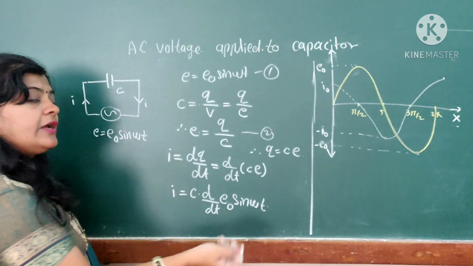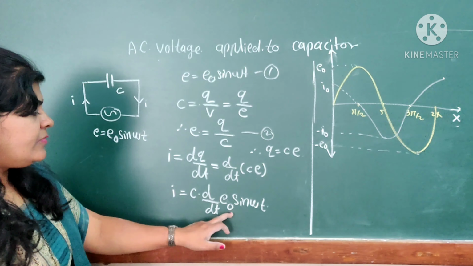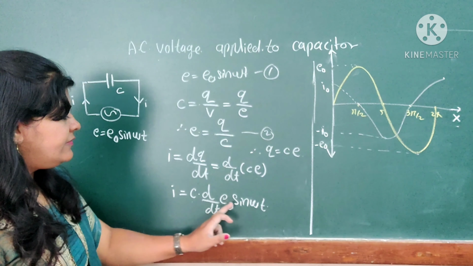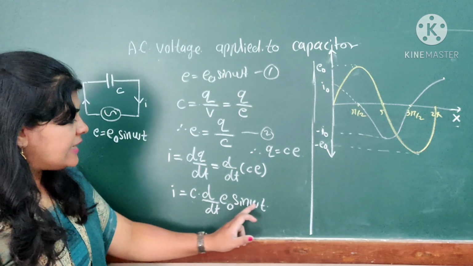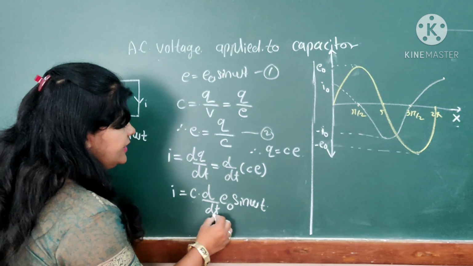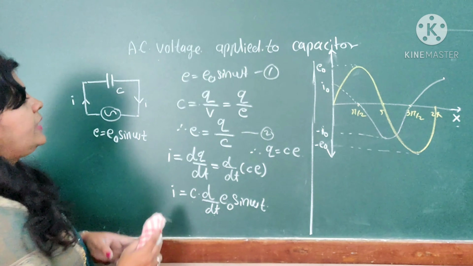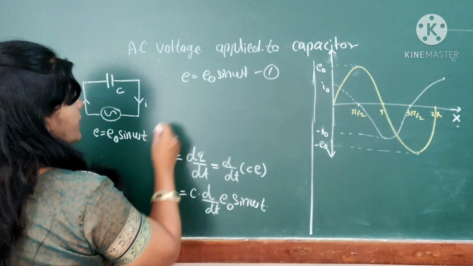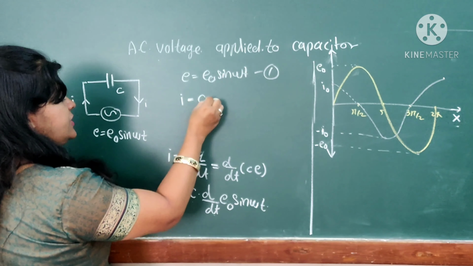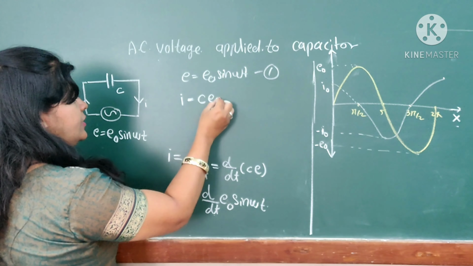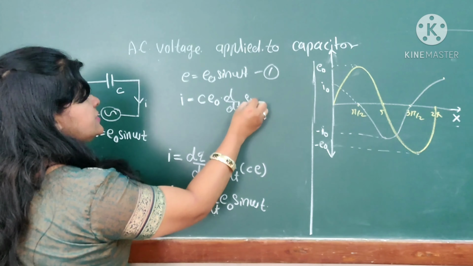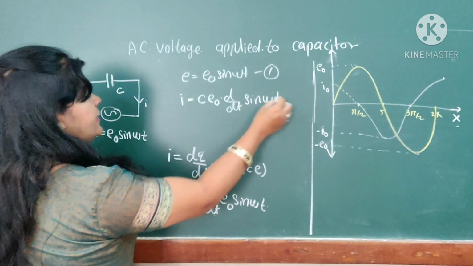Now E naught is the peak value of the EMF, which is a constant, taken outside of the derivative part, and we take the derivative of only the sine function. That's why we write I is equal to C into E naught, and then d by dt of sine omega t.